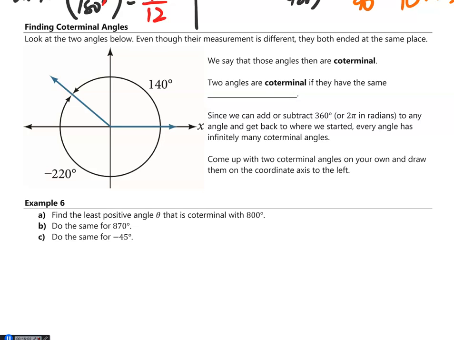Next one is finding coterminal angles. Look at the two angles below, 140 and negative 220. Even though their measurement is different, they both end at the same place. We say that those angles then are coterminal. The two angles are coterminal if they have the same terminal side.